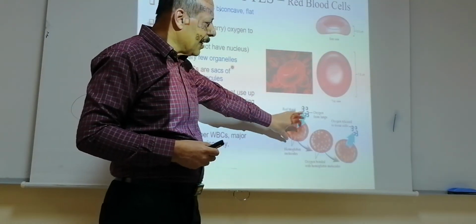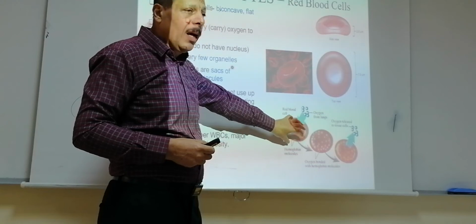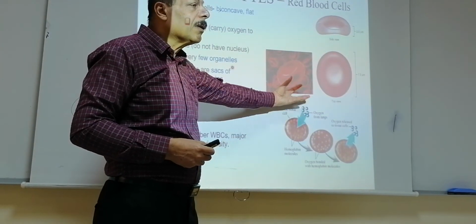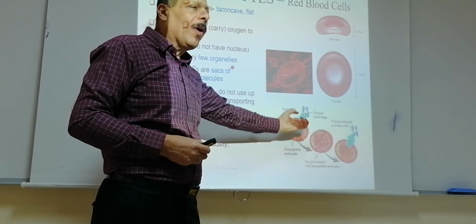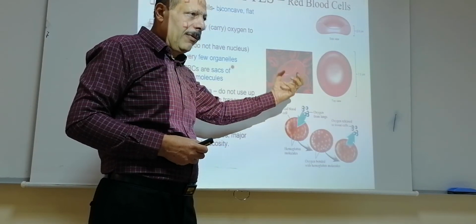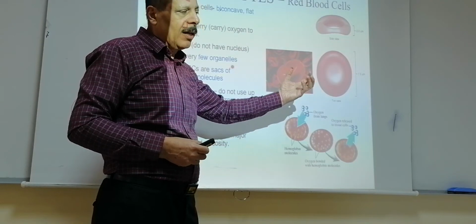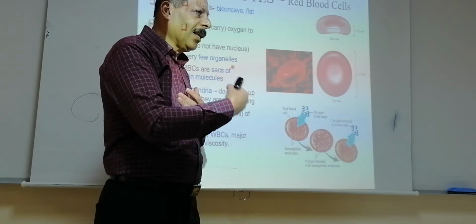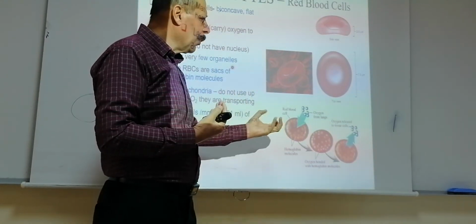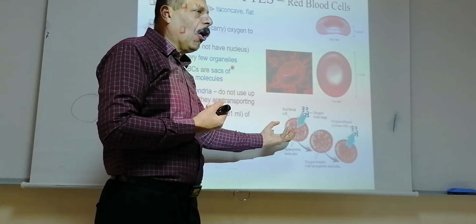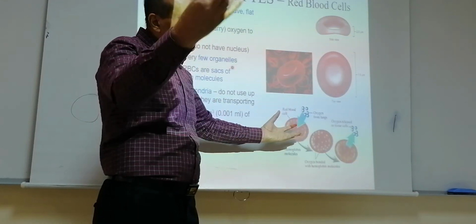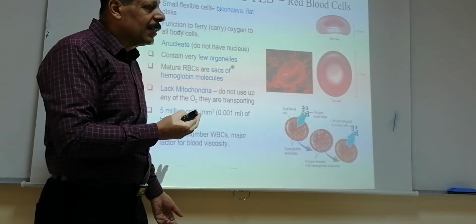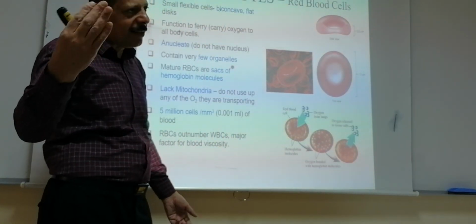It is, as we said, a sac of hemoglobin, and it's used to link with the oxygen in the alveoli when we are breathing. So the blood around the alveolar sac will take the oxygen and carry it to the body cells until it reaches them.